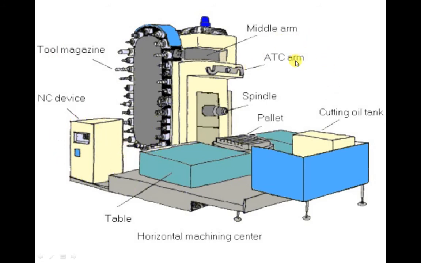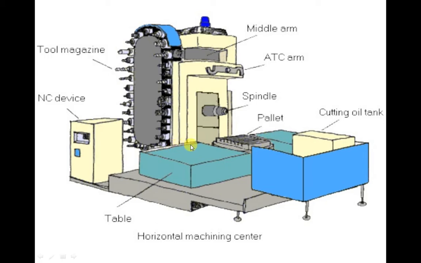You can see the ATC, the automatic tool changing arm. The spindle of the machine, the pallet where we mount the workpiece, and a cutting oil tank, that is the fluid or lubrication system that is required. So this figure shows the general way in which a CNC machine has various elements in it.